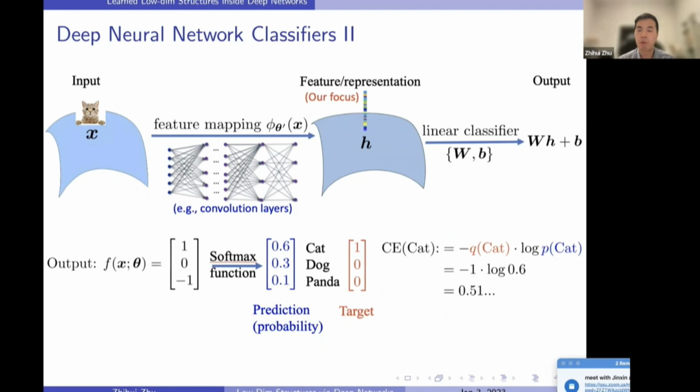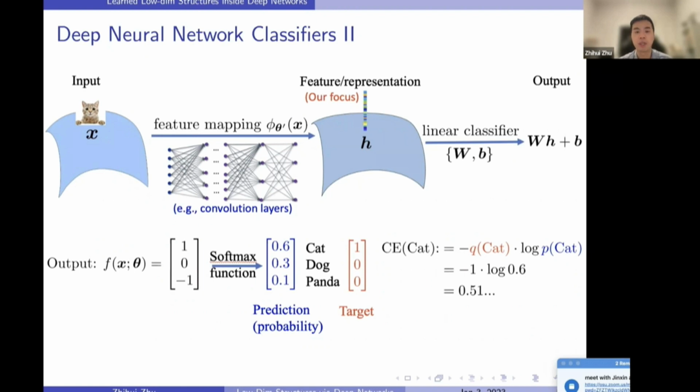Now we can view the one-hot labeling vector as also a distribution. Then we just need to capture the difference between these two probability distributions. And this can be captured by the so-called cross-entropy loss, which in this case equals the negative log of the network output probability for the corresponding class.